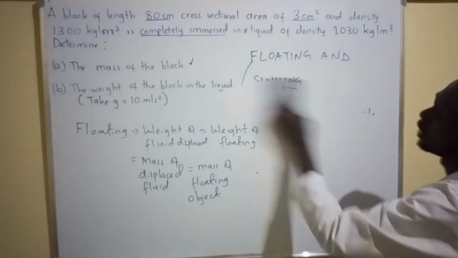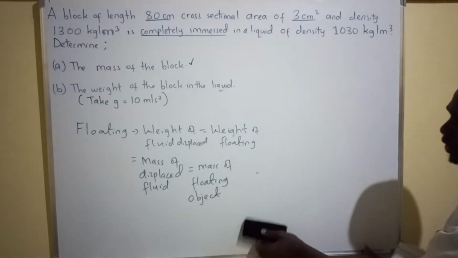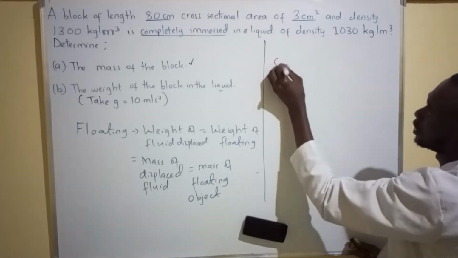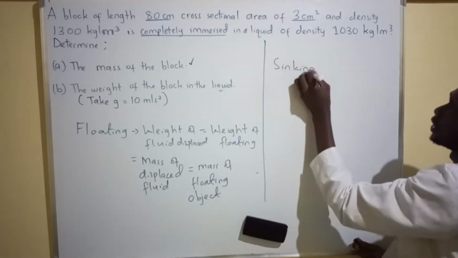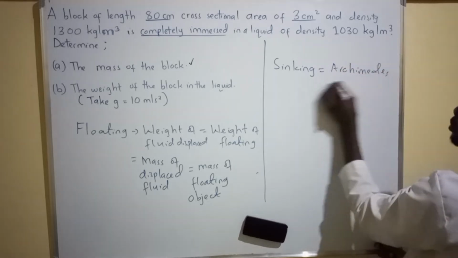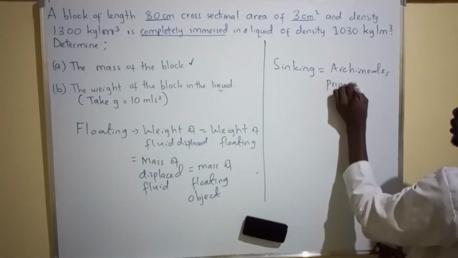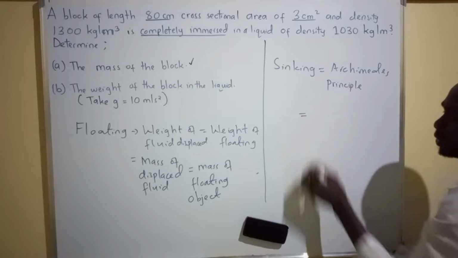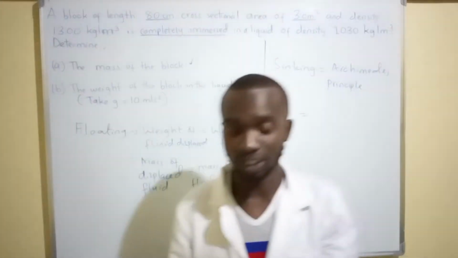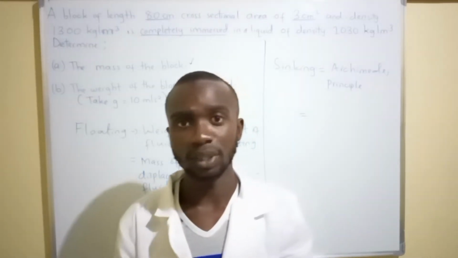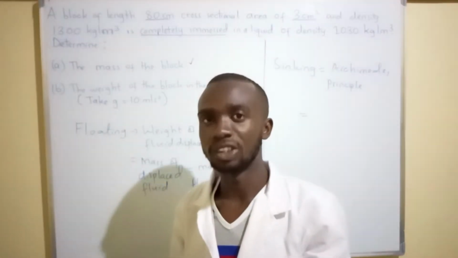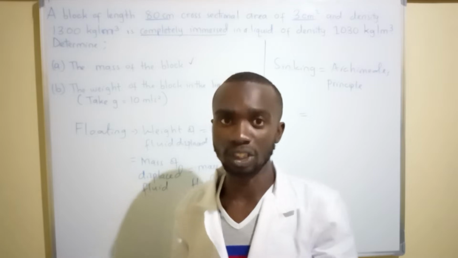Now briefly, let me talk about sinking. In sinking, we deal with the Archimedes principle. The Archimedes principle says that when an object is fully or partially immersed in a fluid, it experiences an upthrust which is equal to the weight of the fluid displaced.